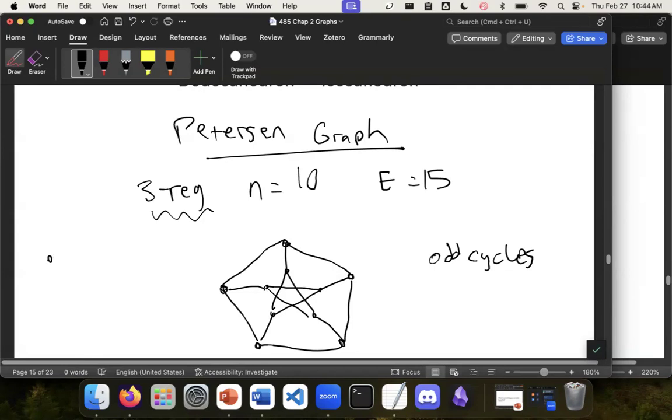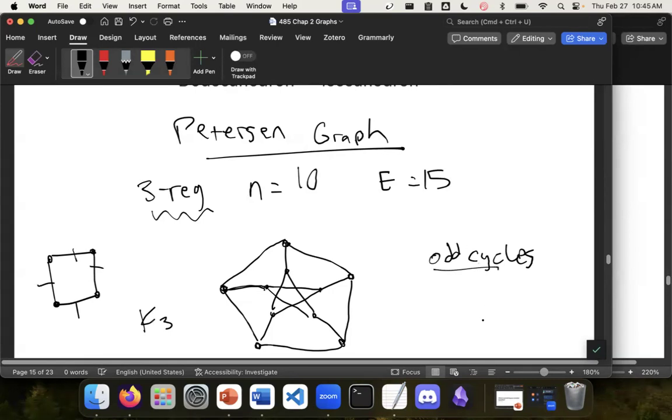But C4, the square, that's an even cycle because there's 1, 2, 3, 4 edges, which is even. So the Petersen graph doesn't have any K3, but it has 1, 2, 3. Now that I'm going to try and find one, I'm not going to be able to. But it has odd cycles.